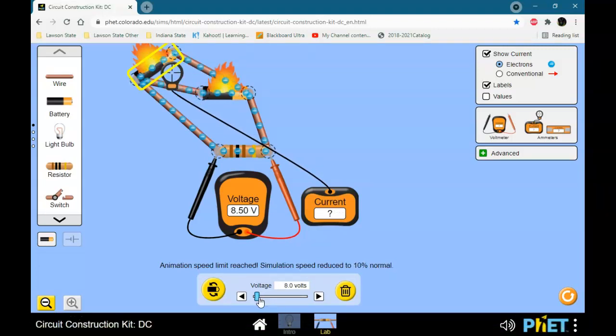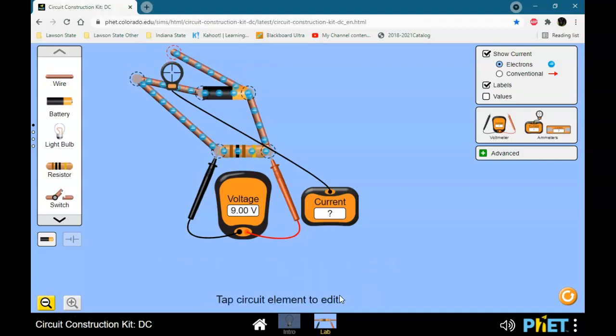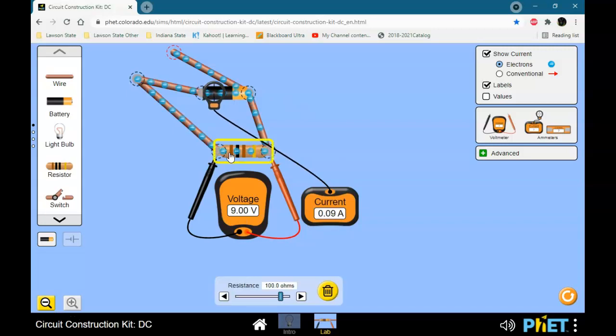I'm going to back you off. So this is why this is kind of fun to play with sometimes. You can literally set it up however you want. But with just that one battery at 9 volts, 100 ohms, I get 0.09 amps or 90 milliamps.